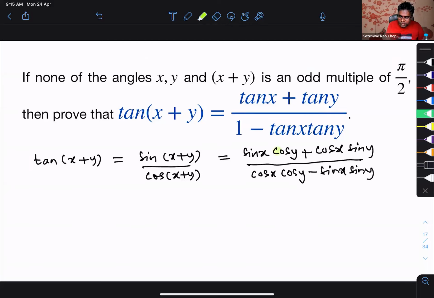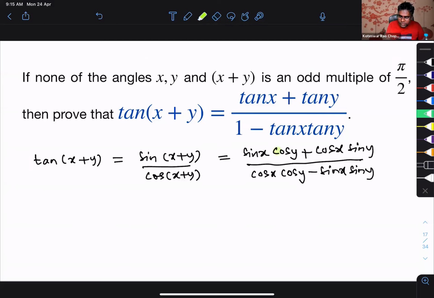In the denominator, cos x cos y by cos x cos y, and the second term also gets divided: sin x sin y by cos x cos y. And in the numerator, what do you have? The cos y will disappear, and you will end up having tan x, this time minus tan y.